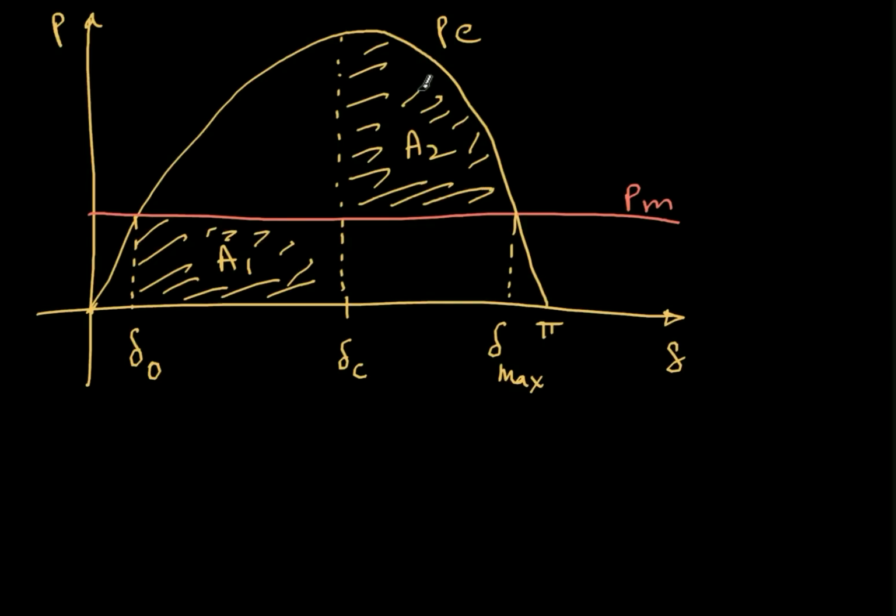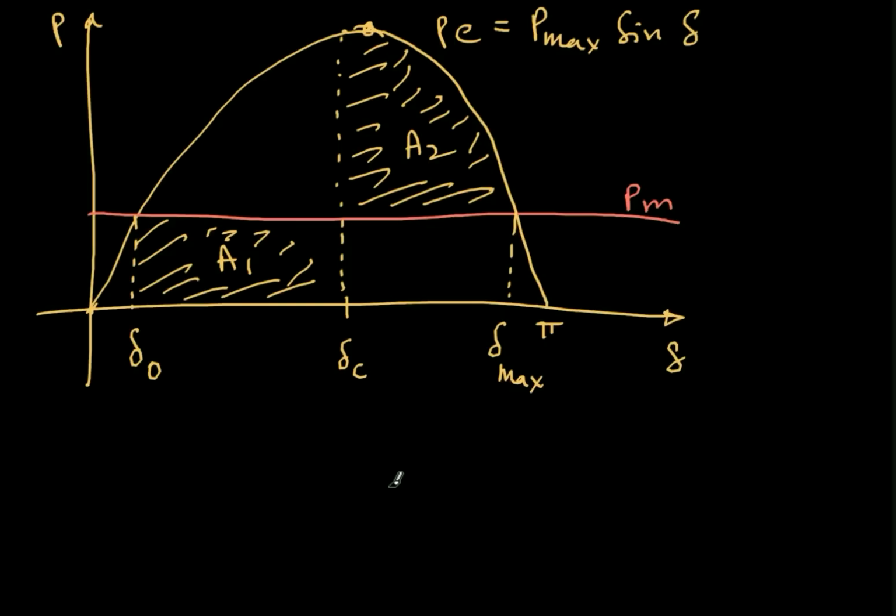Mathematically, I want to find out, given delta naught, what is delta C such that these two areas are equal. The expression is P equals P max sine delta. There is just a sine, and the amplitude is P max somewhere here. It is not that difficult. We can do a simple derivation to find what this delta C is.